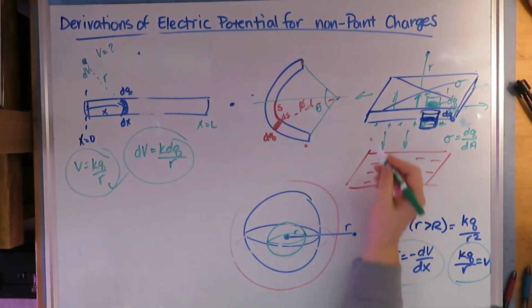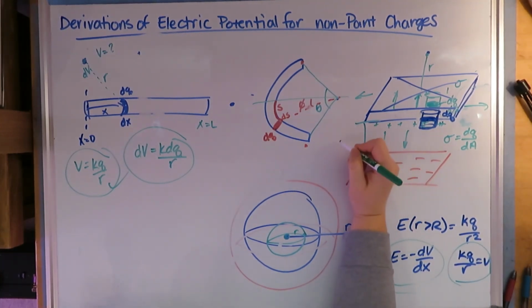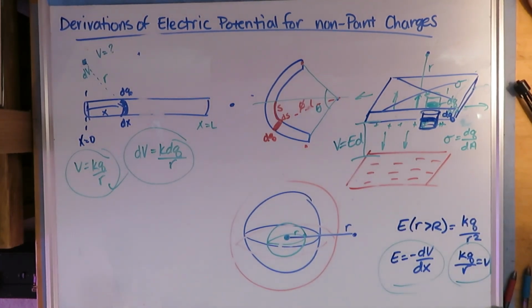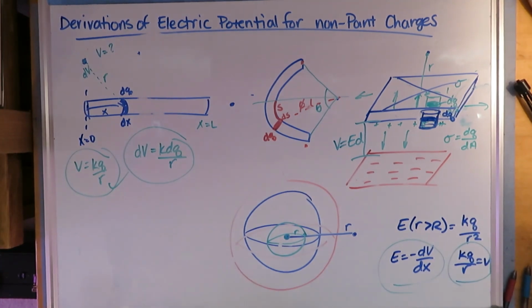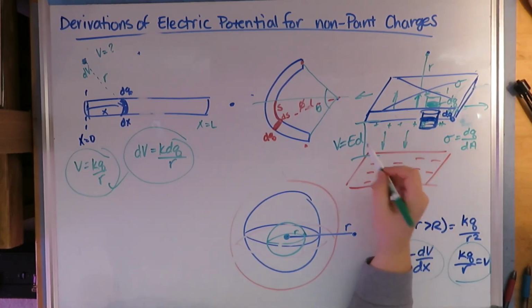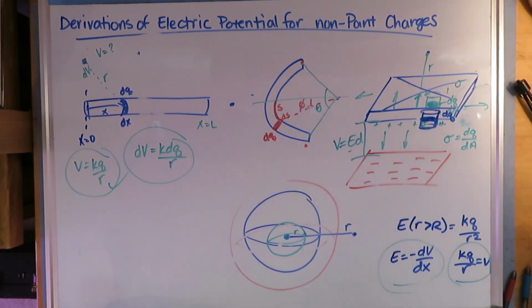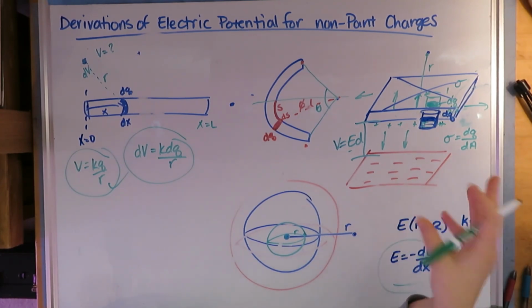We also know that for a parallel plate capacitor, our potential is E times D. Okay, so that's a set formula that we know for all parallel plate capacitors. This is something that you could pretty easily derive, and it's because the electric field's uniform that allows you to use that formula.